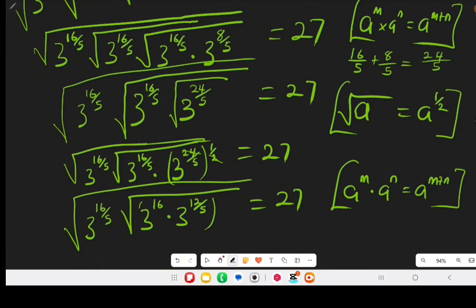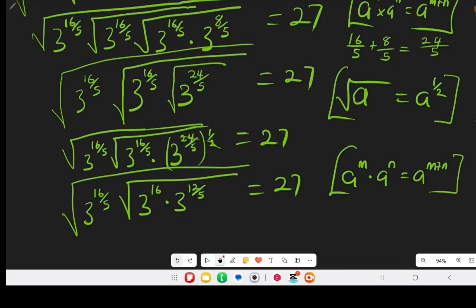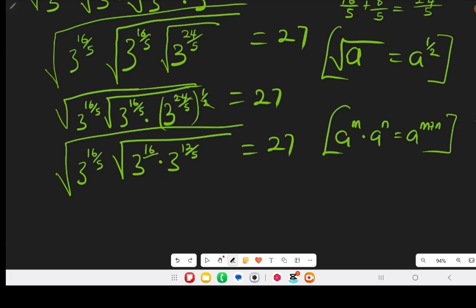When we apply this here, we are going to have root of 3. Since the denominators are equal, we add the numerators. 16 plus 12 gives us 28. So we are having 28 all over 5.